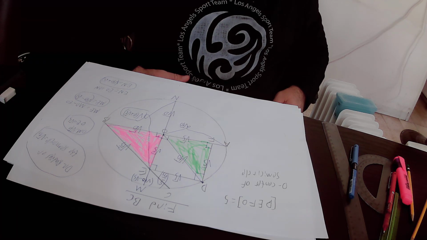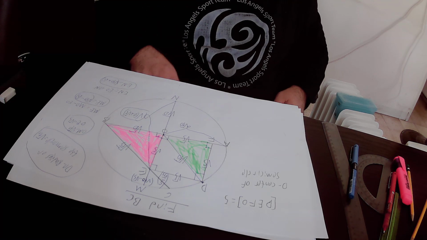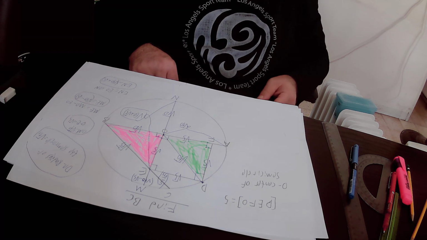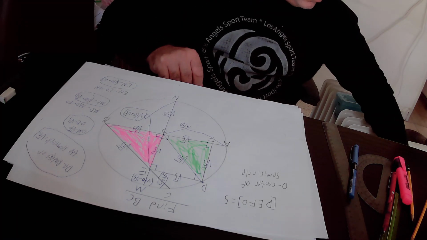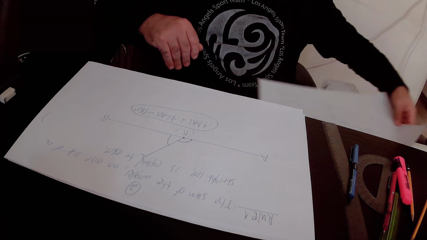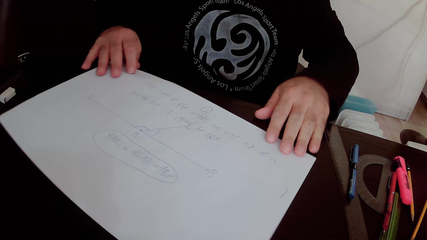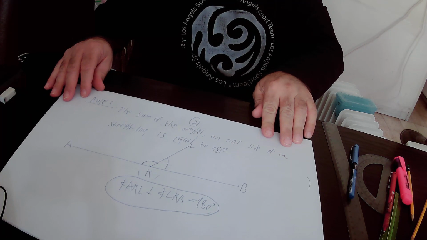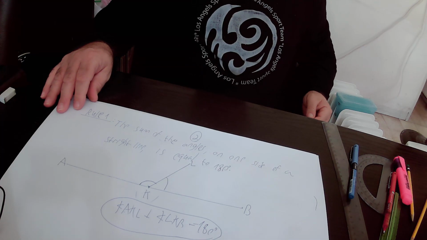Then, I presented to you rule number 1, and we implemented rule number 1 in our drawing. What is rule number 1? According to rule number 1, the sum of the angles on one side of a straight line is equal to 180 degrees.